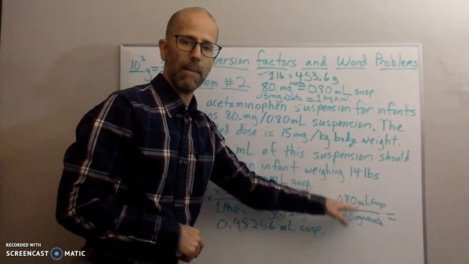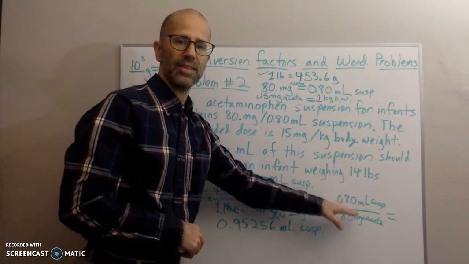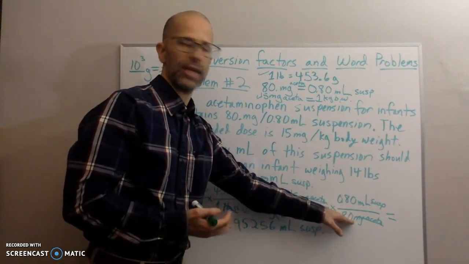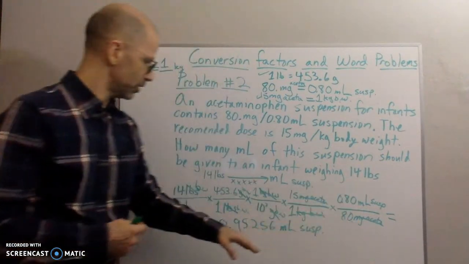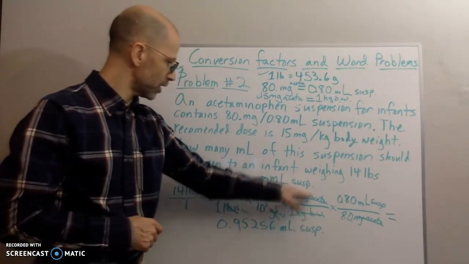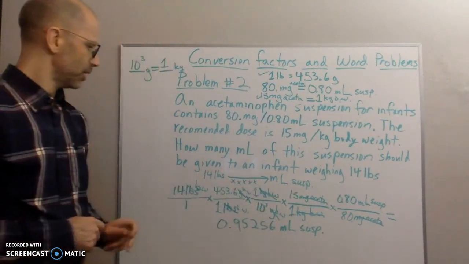These are not the same type of unit. They're in different categories, mass and volume. So that's a measure. Kilograms of body weight to milligrams of acetaminophen was also given to us as a measure.